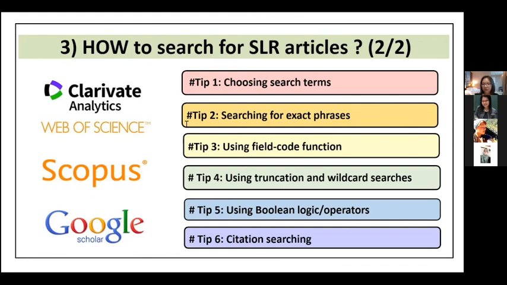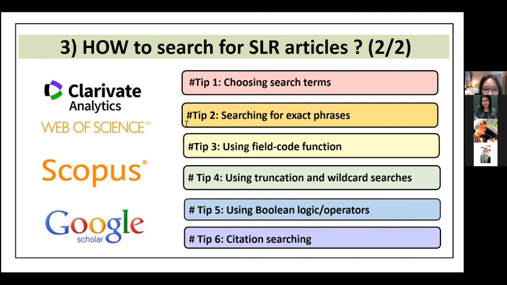So this is something that you can think about based on the topic that you are doing right now. There is not any specific guideline on how many and which databases you can use. It will depend on the topic that you want to address for your SLR article.